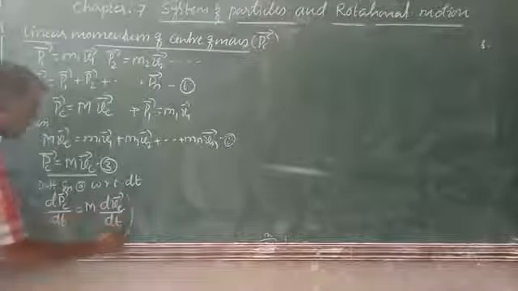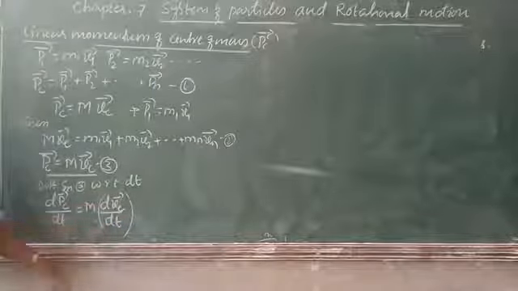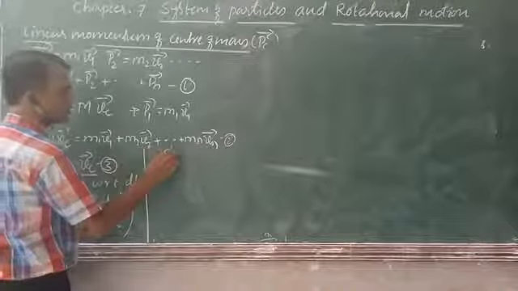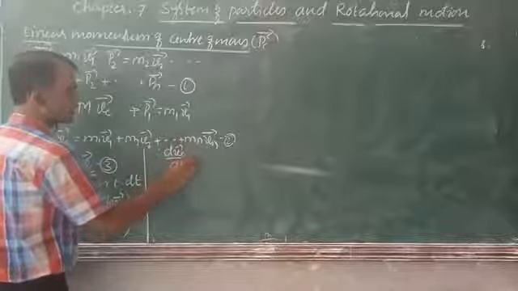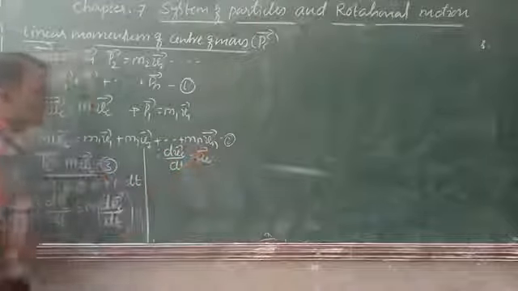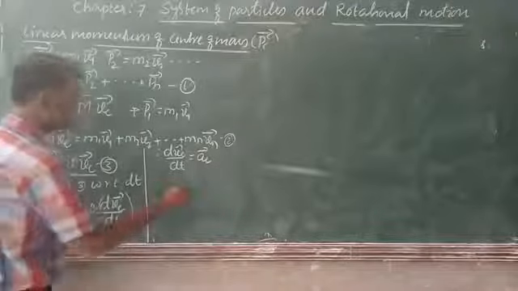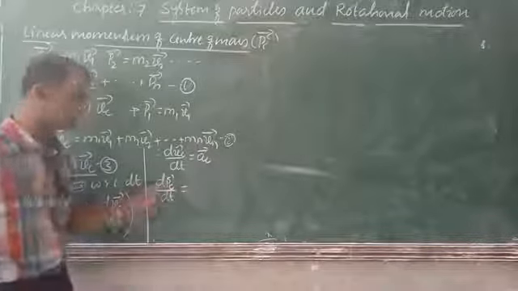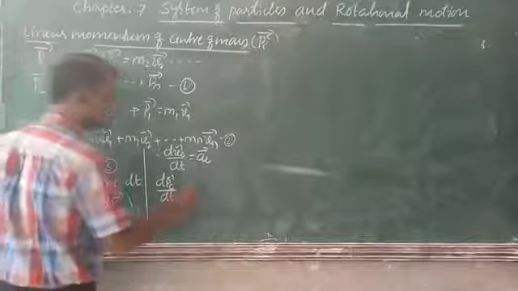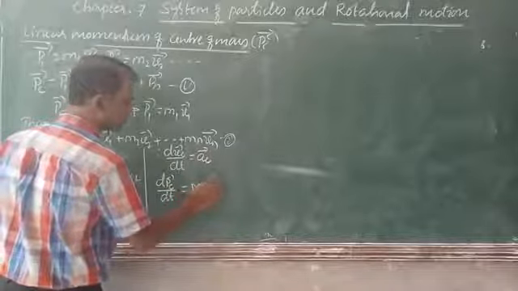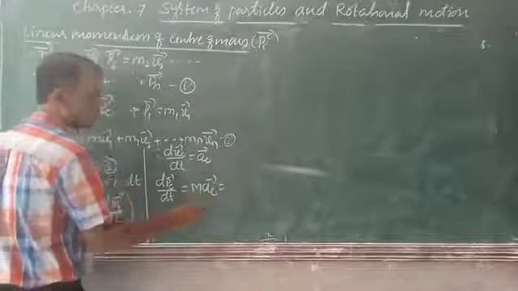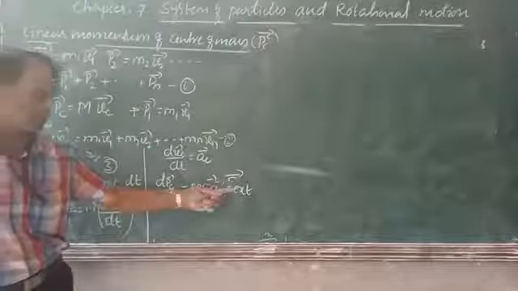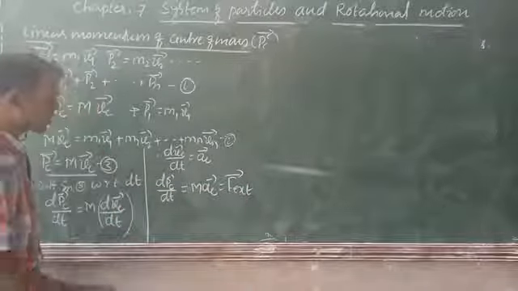You know that dVc by dt is equal to Ac, the acceleration of center of mass. Then dPc by dt, the change in linear momentum of center of mass, is m into Ac, which is equal to F, that is, the product of mass and acceleration is the external force.